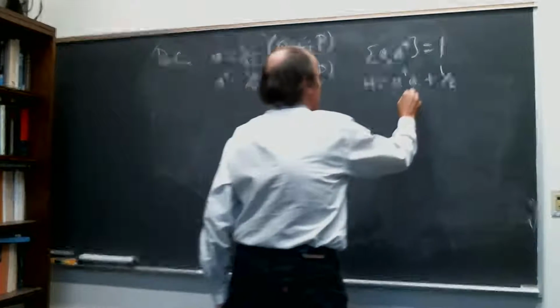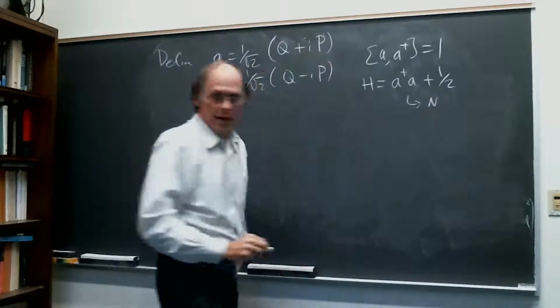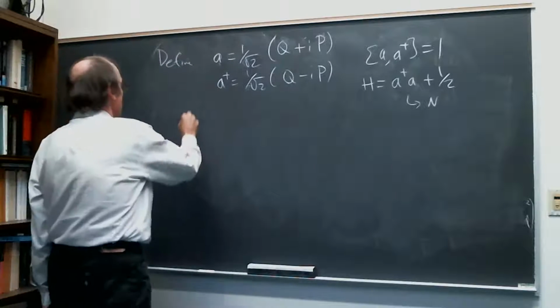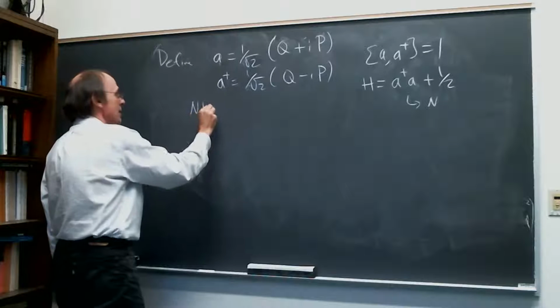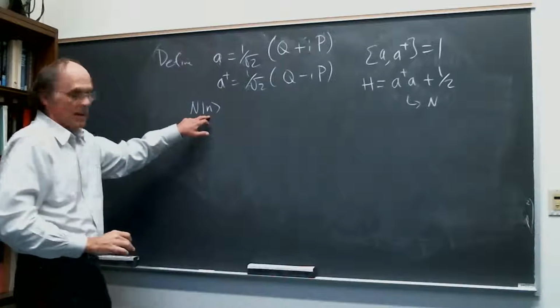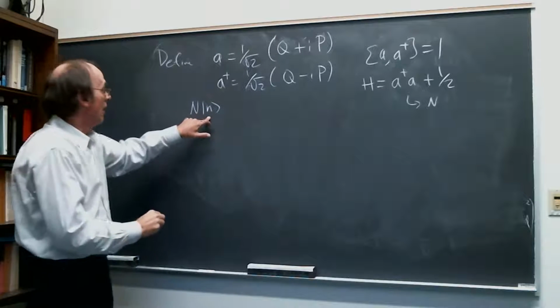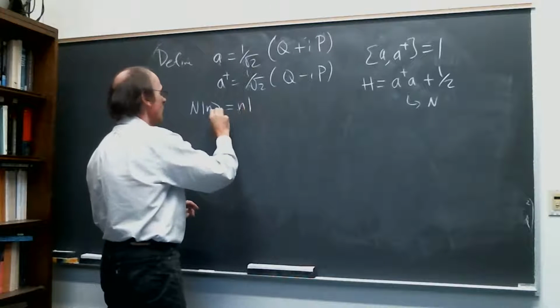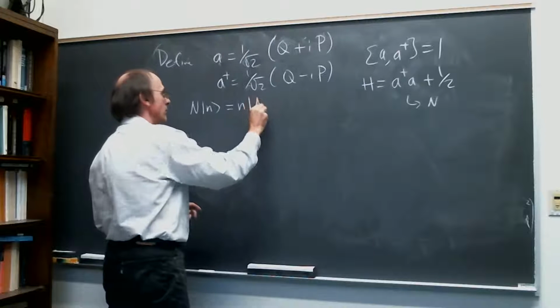And this operator is a number operator called N. Last time I showed that this operator acting on the nth energy eigenstate, the occupation number n state, is diagonalized with eigenvalue n.